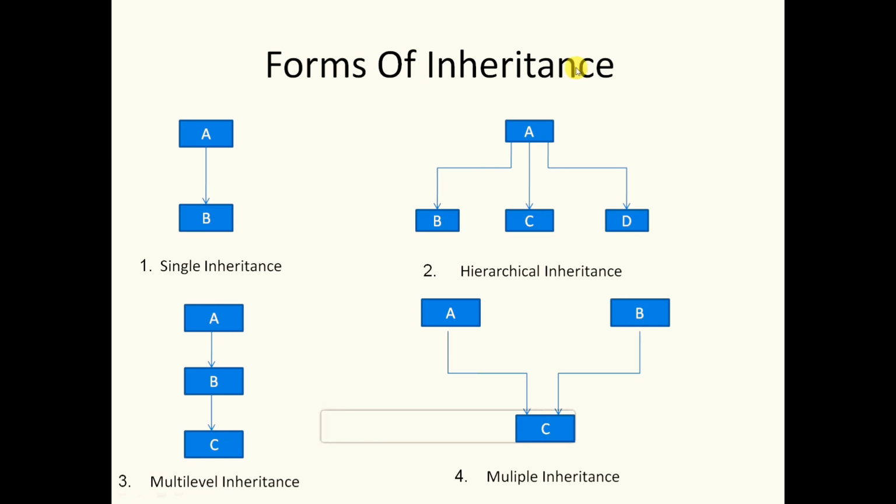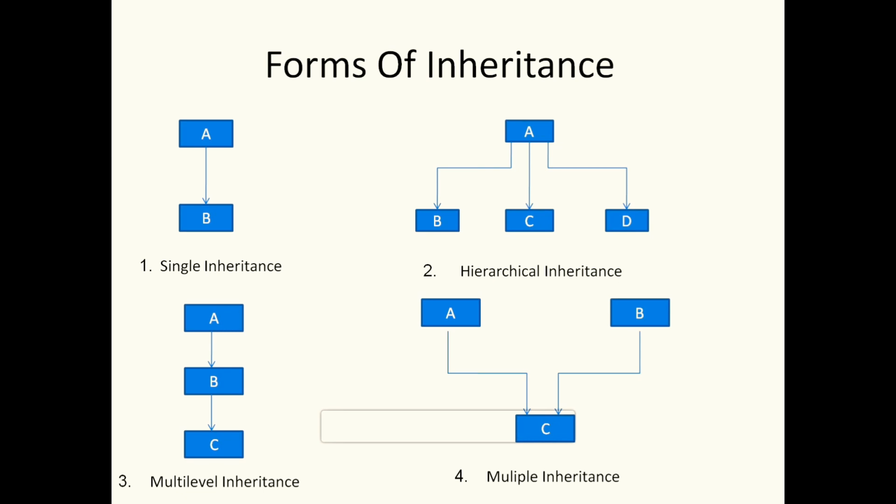So now look at the forms of inheritance. First, single inheritance. We will make a program using single inheritance, and you will see it in the picture. In single inheritance there is only one parent class and only one child class.